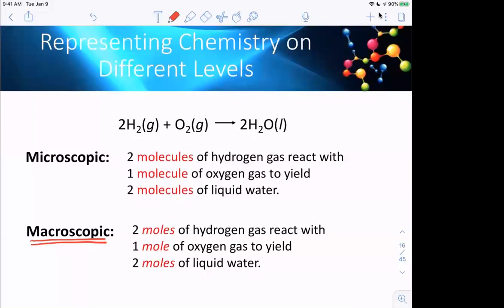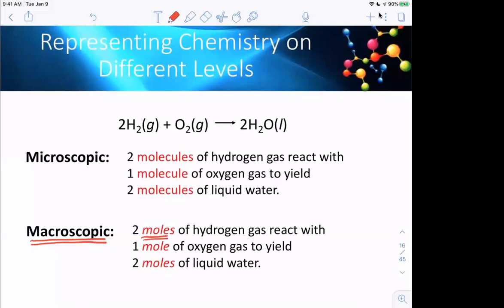So the way that we've learned to bring this very, very small submicroscopic molecular world into the world where I can see and measure and weigh and use glassware to figure out how much of any reactant or product I need, I'm going to use this mole translation.